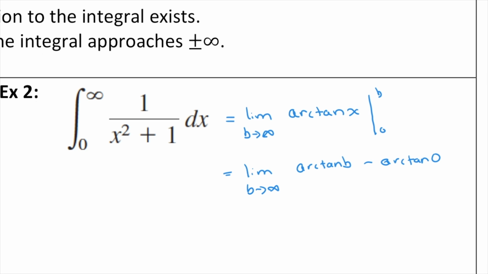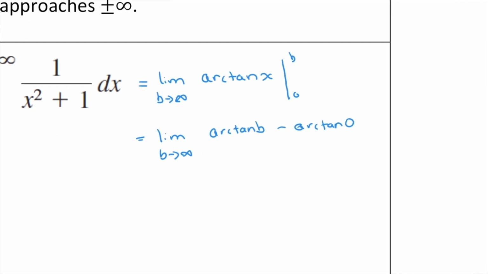All right, now, as the tangent goes to infinity, we know that the angle is going to pi over 2. So when we evaluate b going to infinity, we're left with pi over 2 minus the arctan of 0, which is 0. So we get, again, a problem that converges, and it converges to the value of pi over 2.